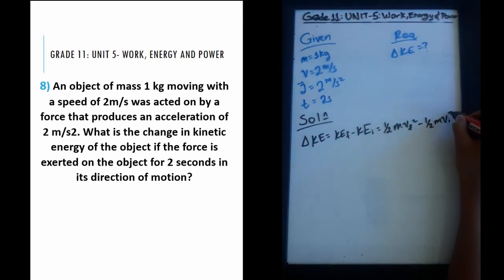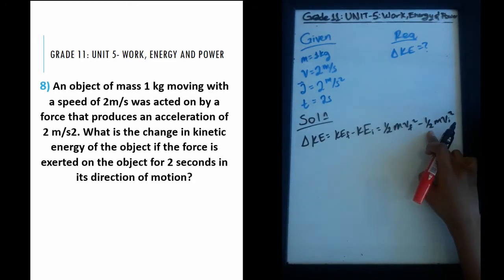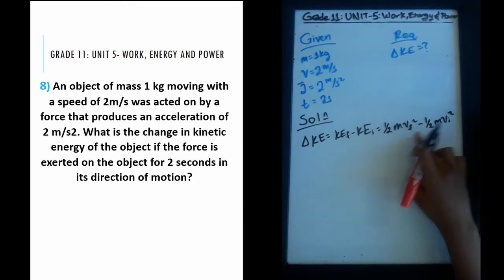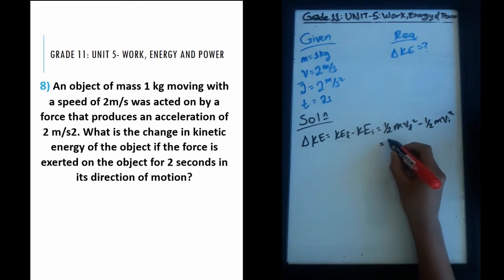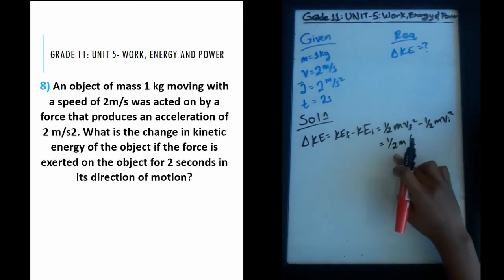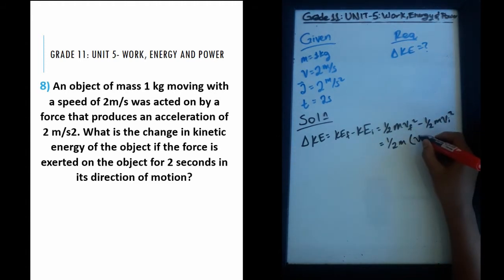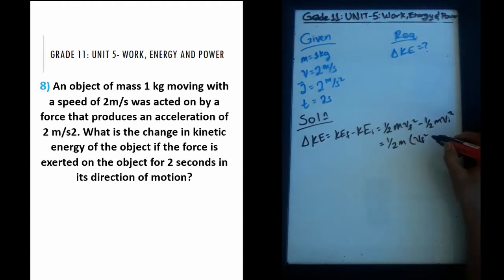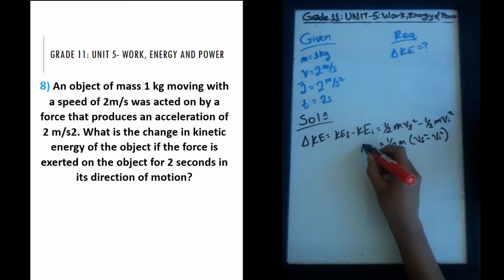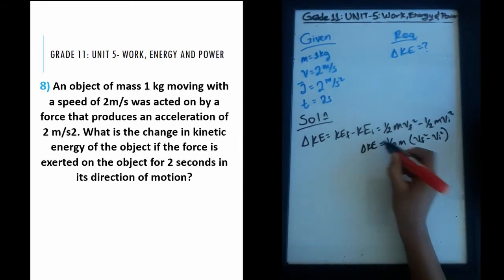But you can see that we have a lot of things in common here. We have half in common, we have m in common. It's only the v final and the v initial that's a little bit different. So let's take the common factor out: change in kinetic energy is equal to half m times v final squared minus v initial squared. So that's the formula that we're going to use to find the change in kinetic energy.